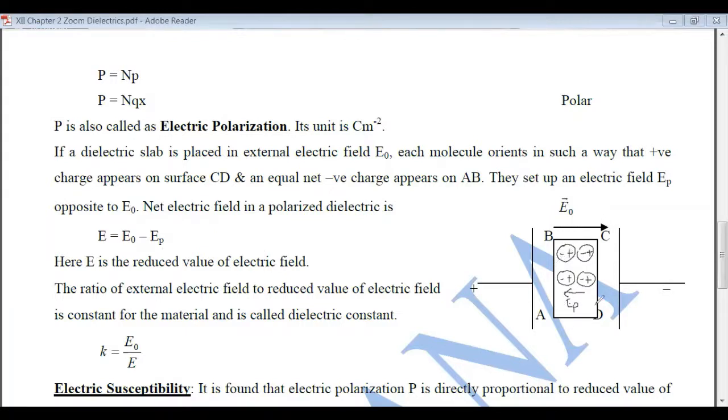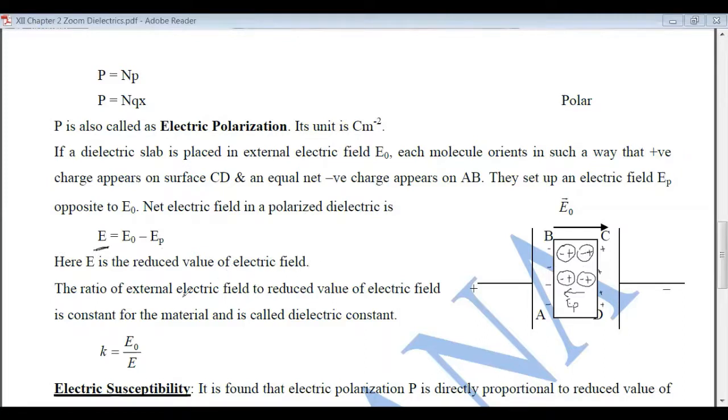Whenever this dielectric slab is placed in external electric field, each atom will orient in such a way that the AB side will get a negative charge and the CD side will get a positive charge, due to which some electric field is created inside which is in the opposite direction of E naught. Then the net electric field in the interior of the dielectric slab is E naught minus EP. So this is the reduced value of the electric field inside the slab.